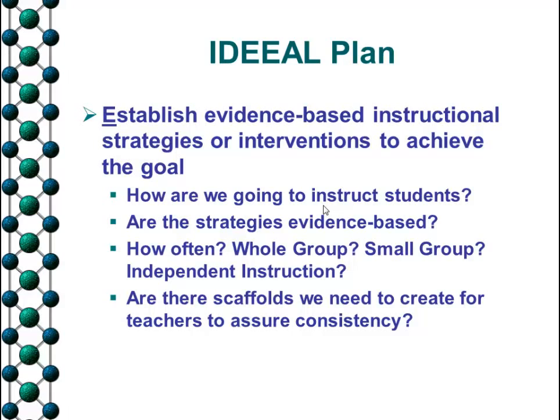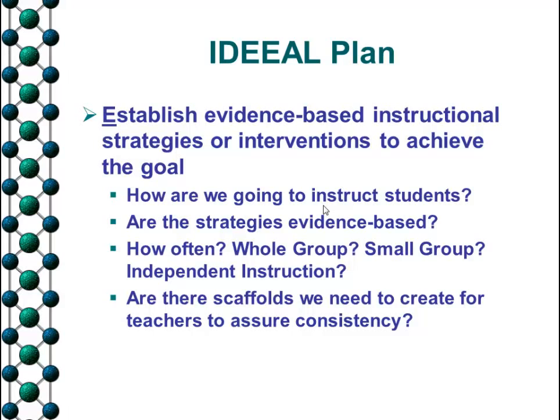How are we going to change? Are we actually going to change how we do things, improve how we do things, or are we going to add on to something that we're already doing that we've never done before? And whatever decision we make about this instruction, is it evidence-based? Has it been proven that it's something that is going to increase achievement?